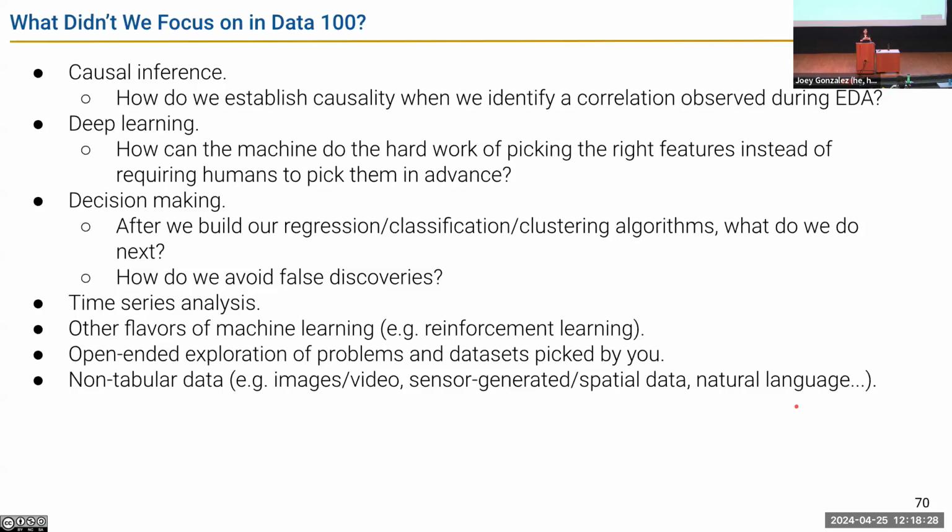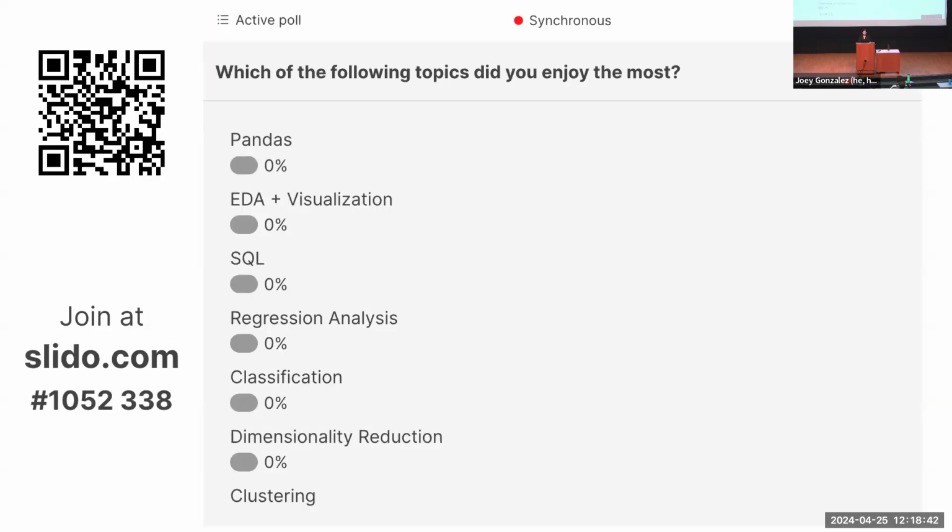But just know that there are other types of data sources that you can and should use for different kinds of learning tasks, such as processing images, videos, sensor data, time series data, and natural language. So let us know which one of these topics you enjoyed the most.